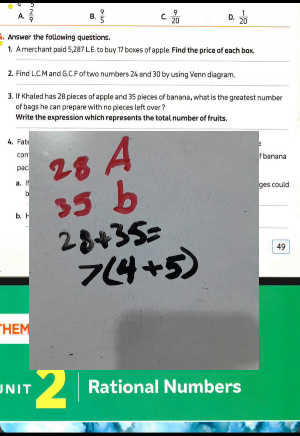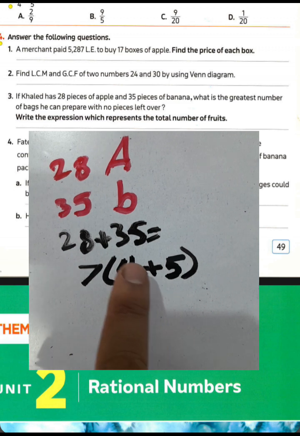Then the greatest number of what? Of bags will be what? Will be 7. The greatest number of bags we can prepare with no pieces left over is 7. And we will put in each bag 4 apples and 5 bananas.